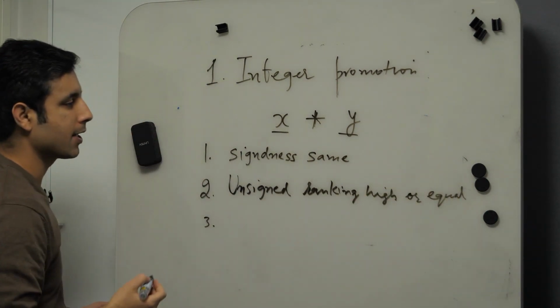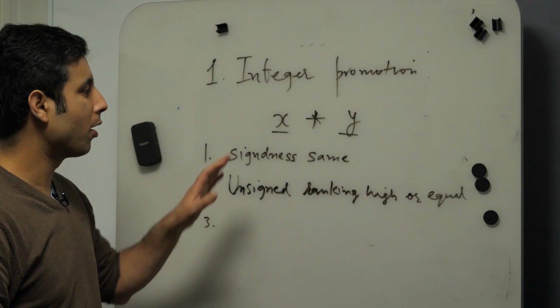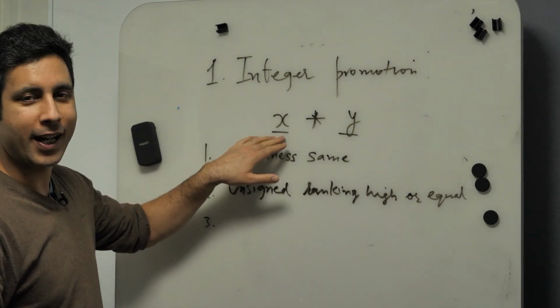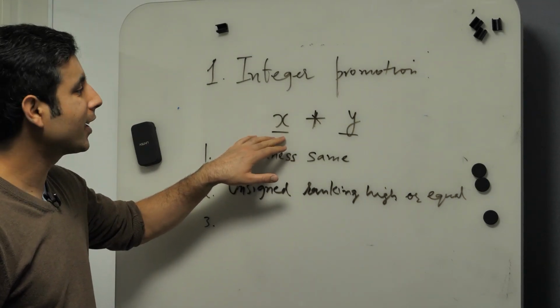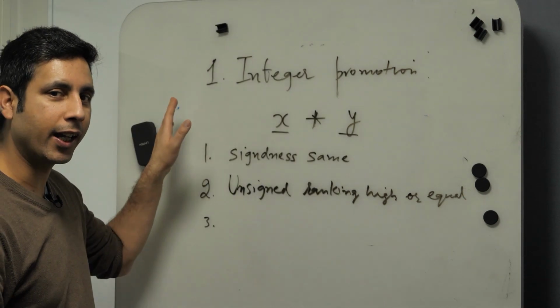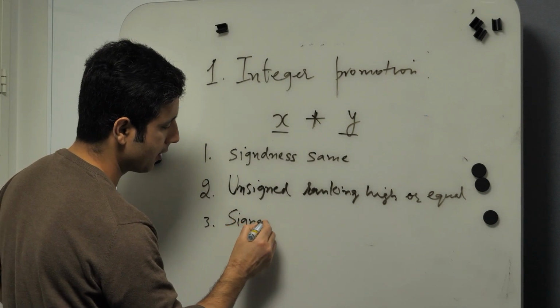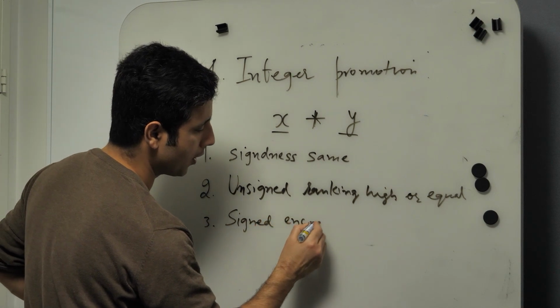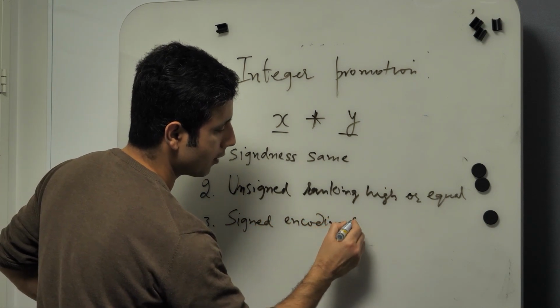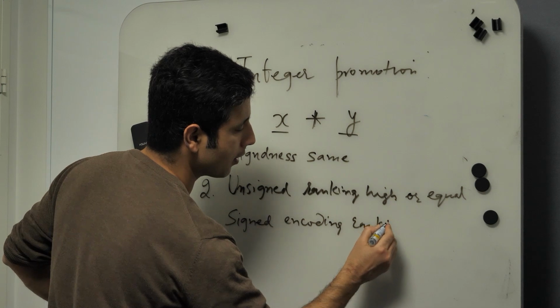And the third case is when one of the operands has signed encoding and its ranking is higher.